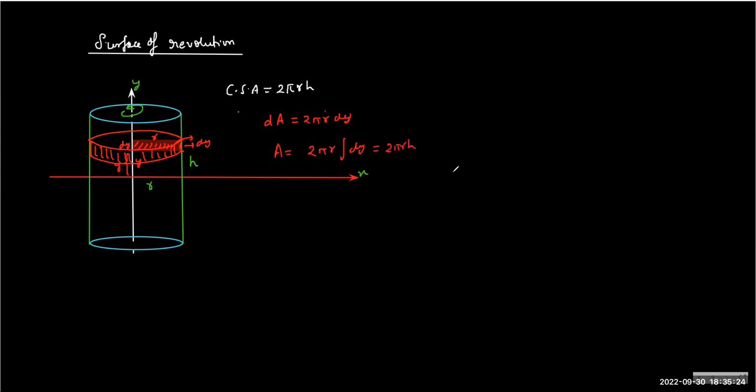Okay, now imagine this situation. If I plot the graph y equals root x, and what you are supposed to do is rotate it around the x-axis, and once you rotate, what do you get?